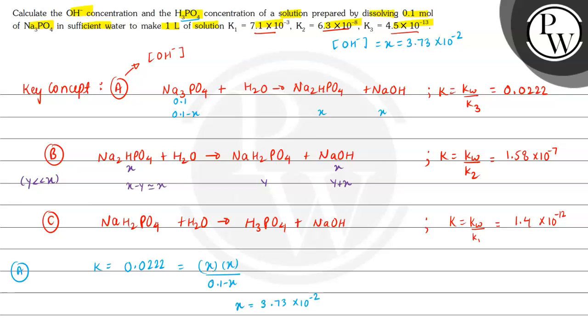Here Y is really small compared to X, so X minus Y is approximately equal to X, and Y plus X can also be written as approximately X. That means for this case, the value of K, 1.58 multiplied by 10 raised to power minus 7, will be equal to product concentration divided by reactant concentration.